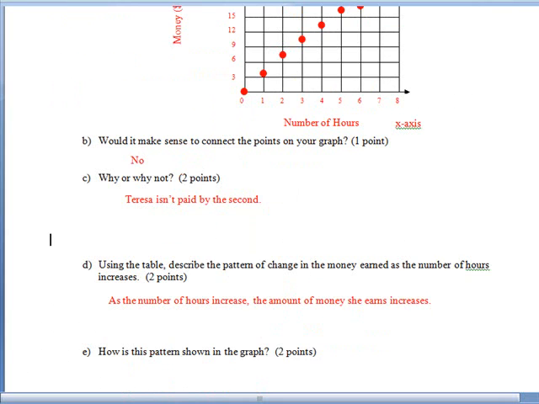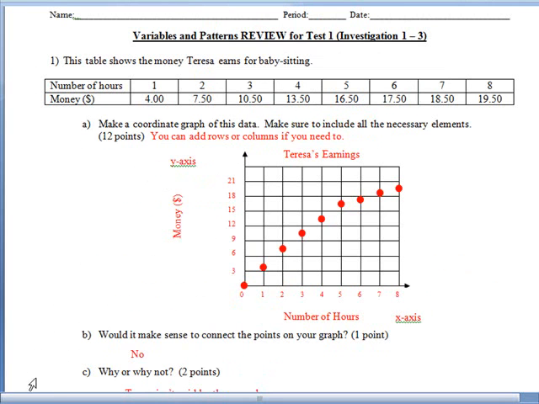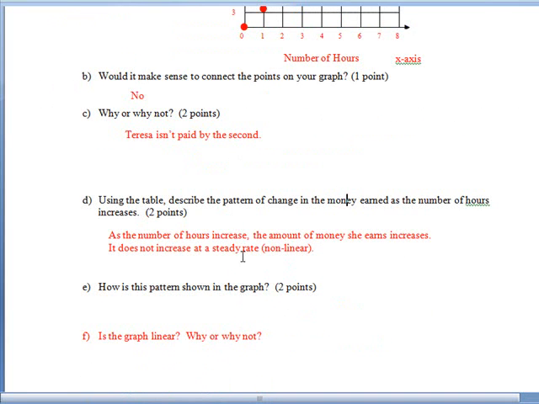That's a good answer for starters, but you actually know more. Tell me more about this problem. What else can you say? It does not increase at a steady rate. You can tell by looking at the numbers. You can take a sneak peek at the graph and you can see that. And at this point, you know that means non-linear.